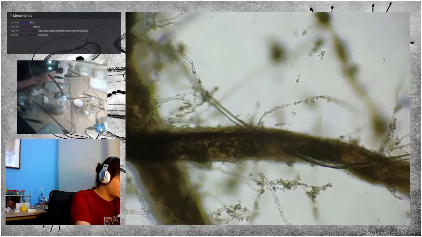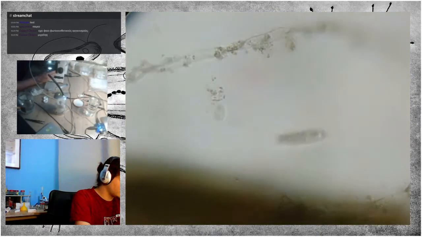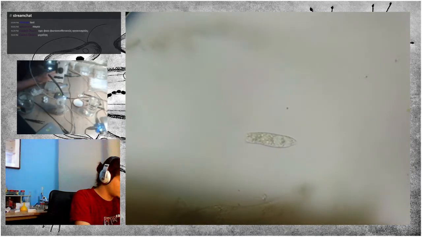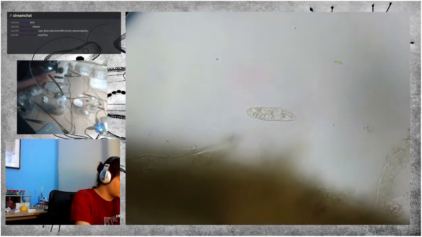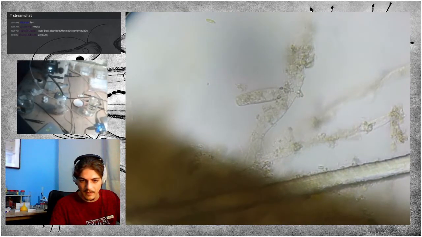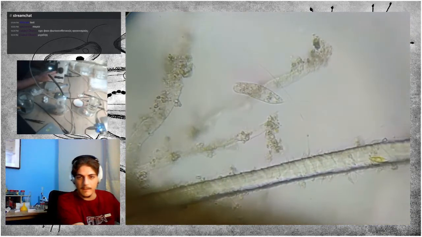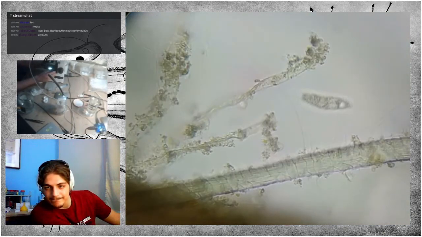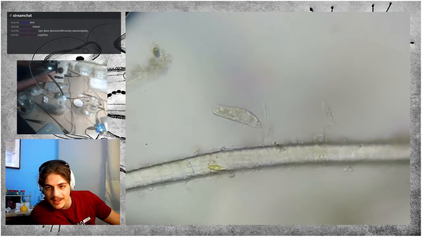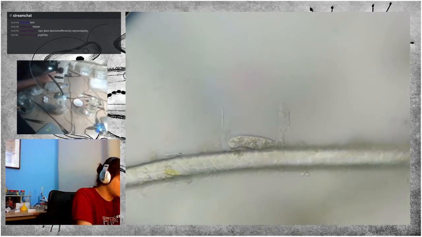Oh, here is a flagellate. I think you can see the flagellum. Let me see. You just about can in some frames, but this is a flagellate.